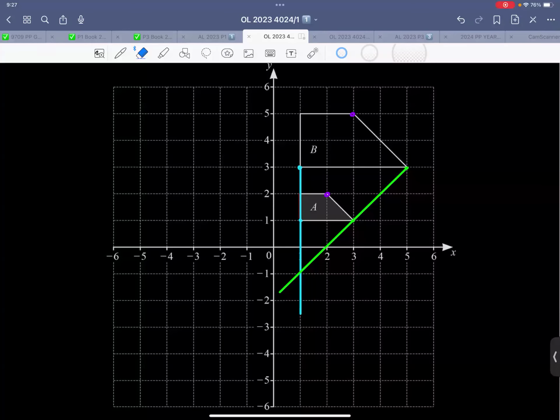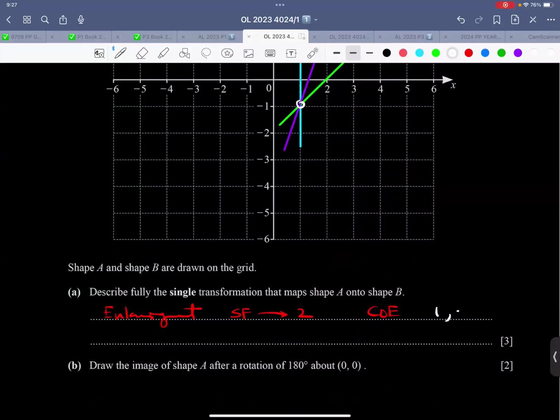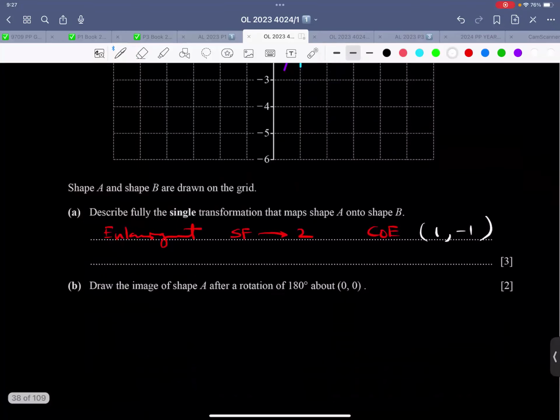And let me join the purple points also. So three lines are perfect. Now this is not very exact. Okay, they are passing through a single point. They all are converging at this point. This is (1, -1). So the center of enlargement is (1, -1), and that is the answer for this part. It's an enlargement, scale factor 2, and the center of enlargement is found by joining corresponding points.